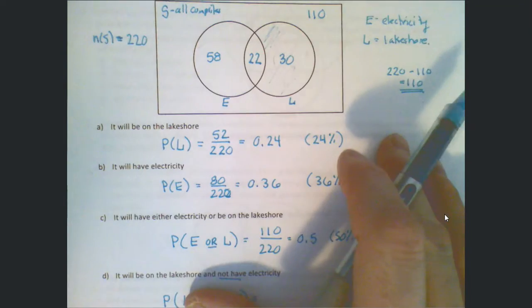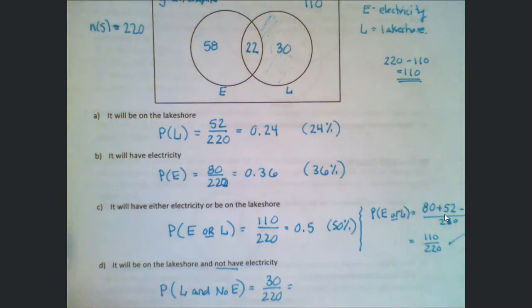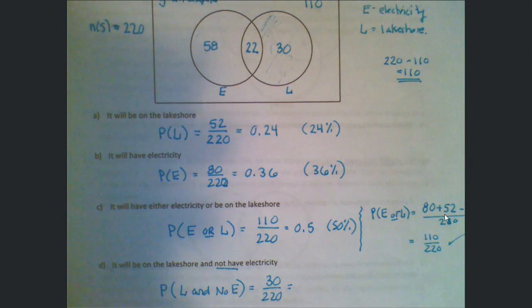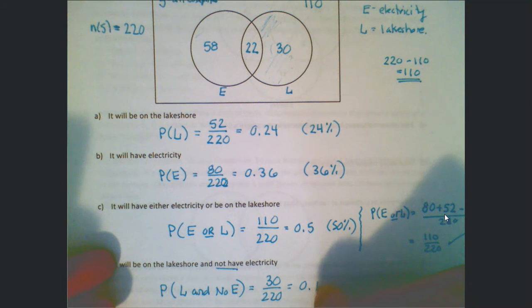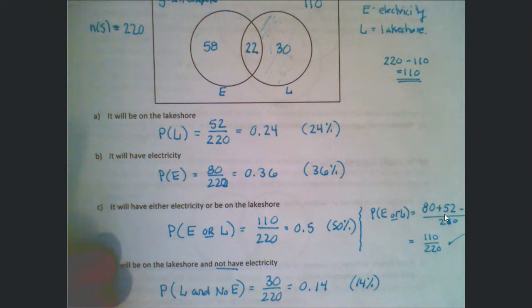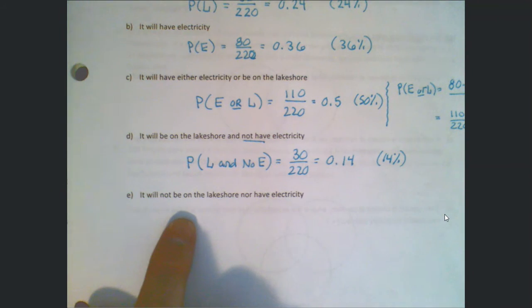And when you shade that part there, you see that's only 30 sites out of the 220 are in that situation. And so we just go 30 divided by 220 is about 0.14. It's about 14%. It's 13.6.